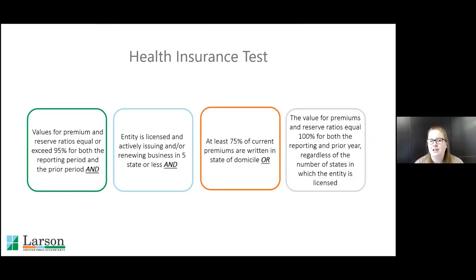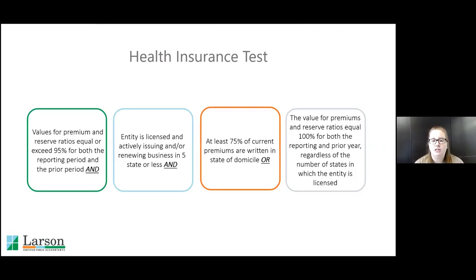The second item is that the entity is licensed and actively issuing or renewing policies in 5 states or less. So this is renewing or writing policies related to health insurance. And then the third is that at least 75% of the current year written premiums are in the state of domicile, so the state where they're headquartered.